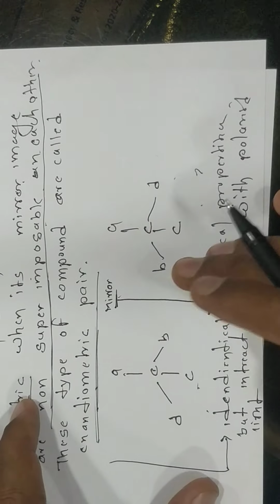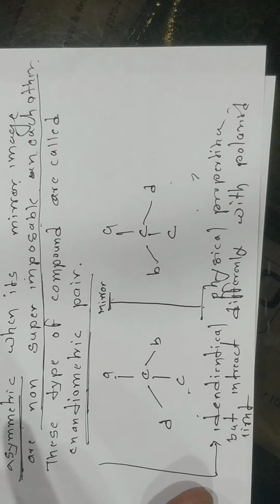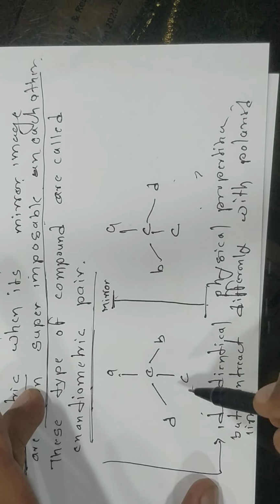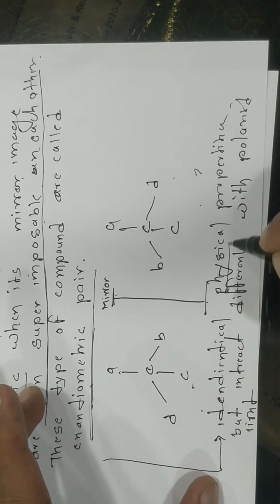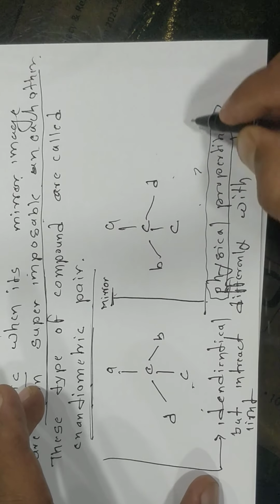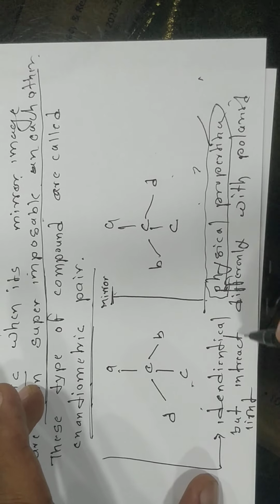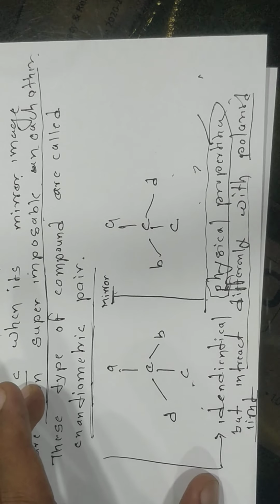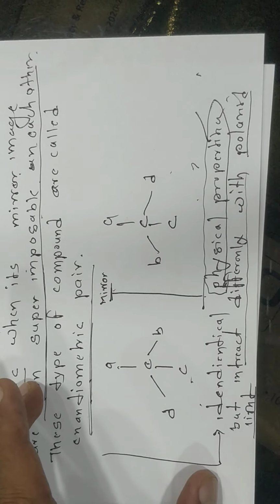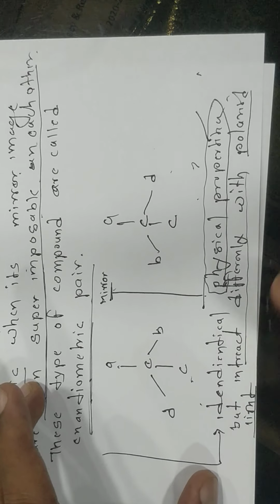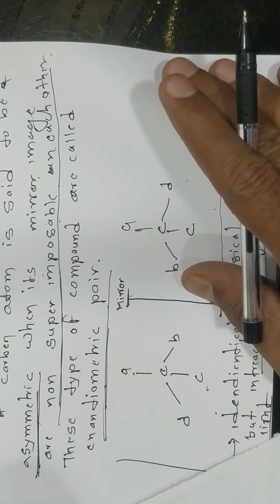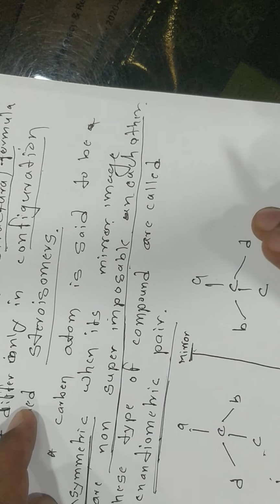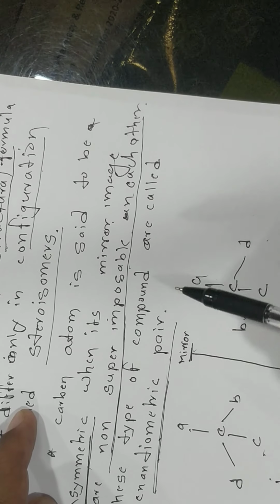This is the property of enantiomeric pairs. Their physical properties are the same, but in interaction with plane polarized light, such as sodium light, the compounds are rotated differently in a polarimeter. Okay, do you understand what enantiomeric pairs are?